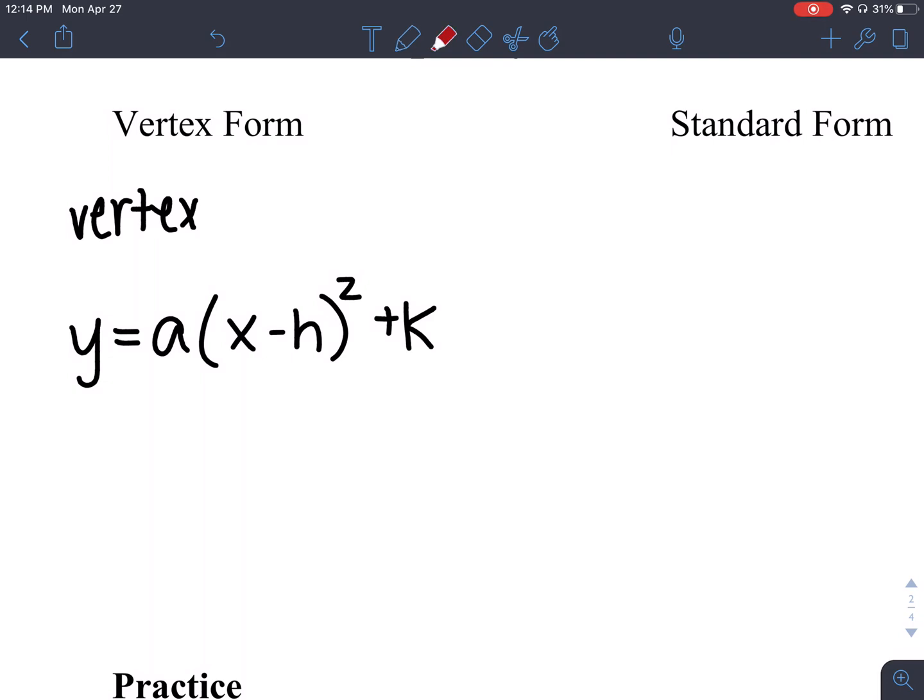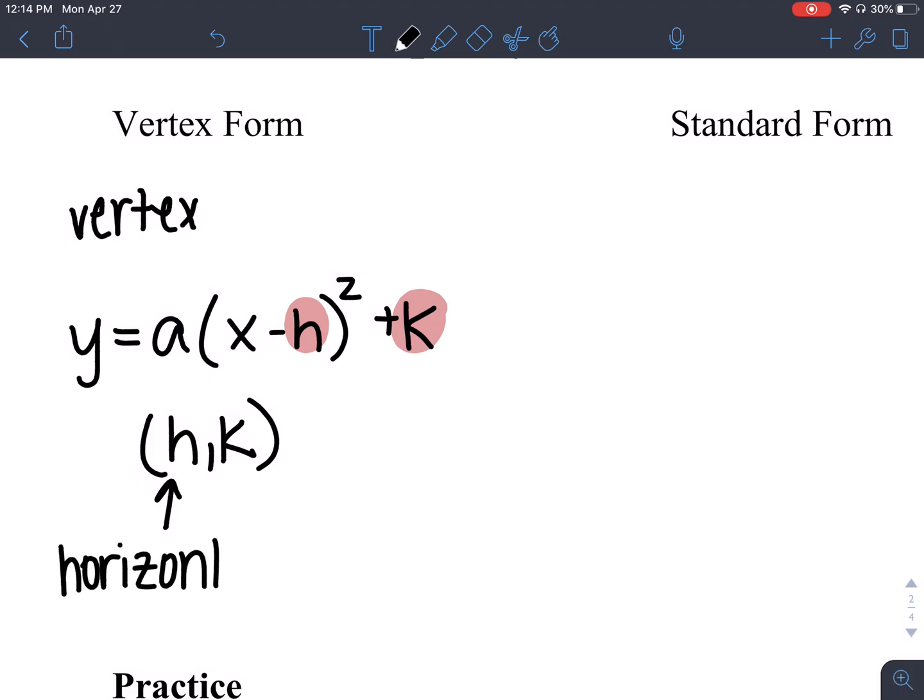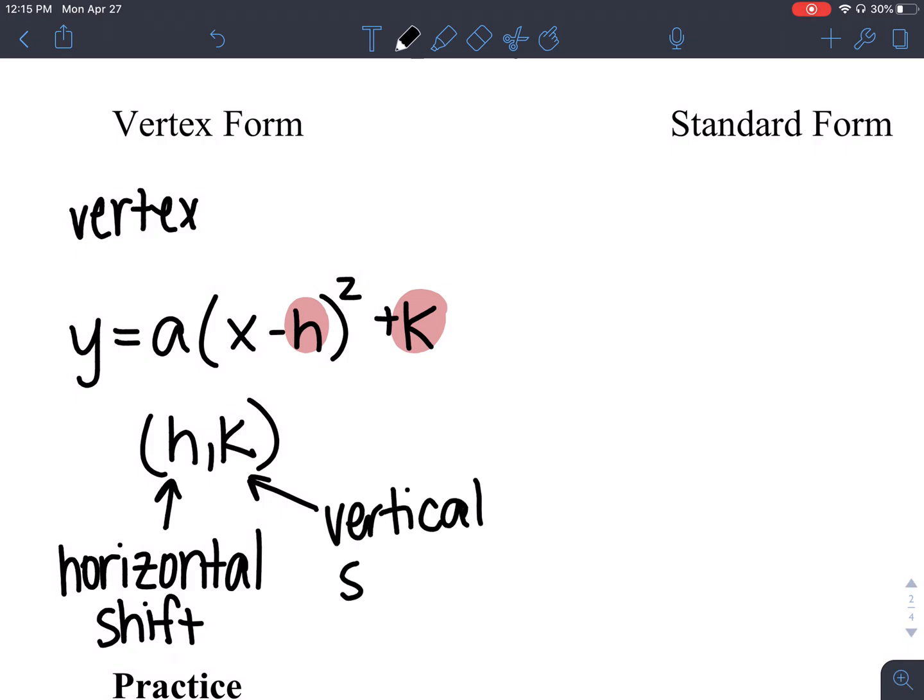And our vertex is actually just our horizontal and vertical shifts. So h comma k. Horizontal meaning, did I move left or right? And then our vertical shift, up or down. Another thing, or actually I'll talk about that last.